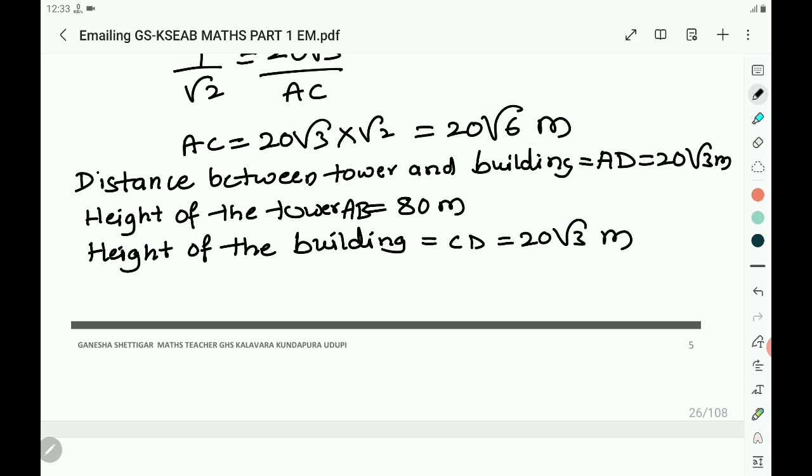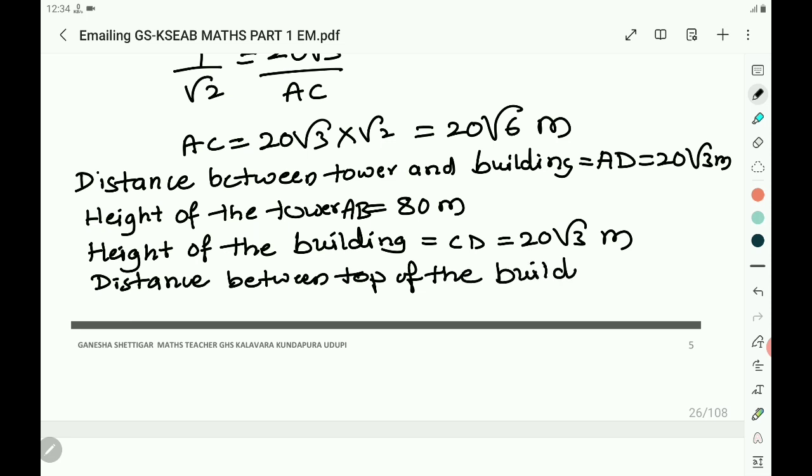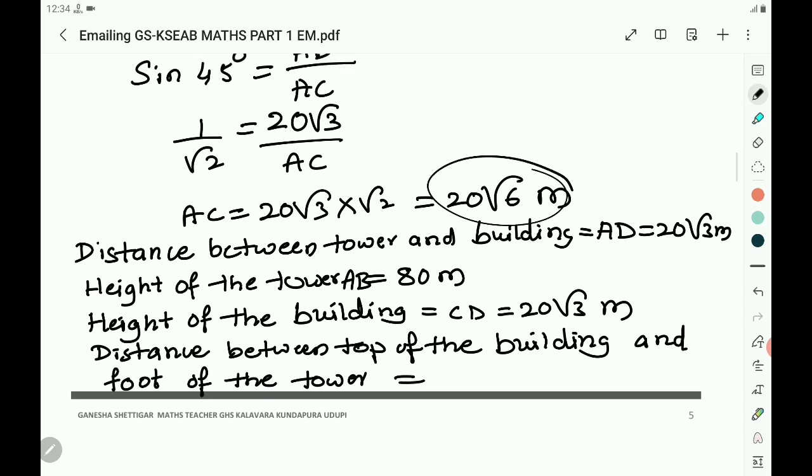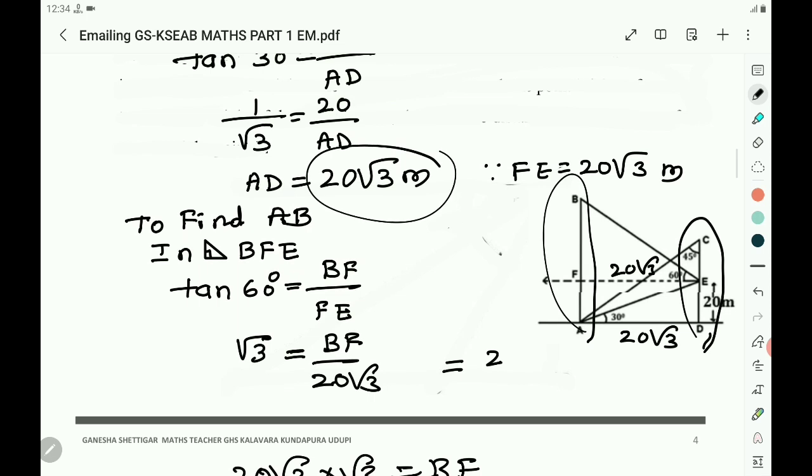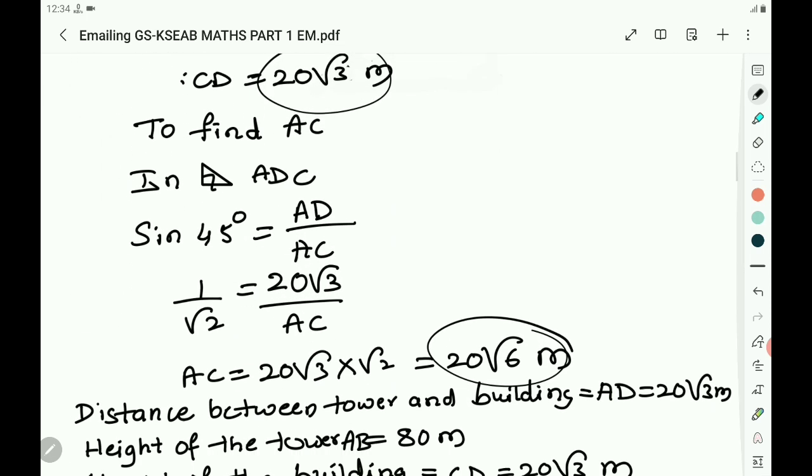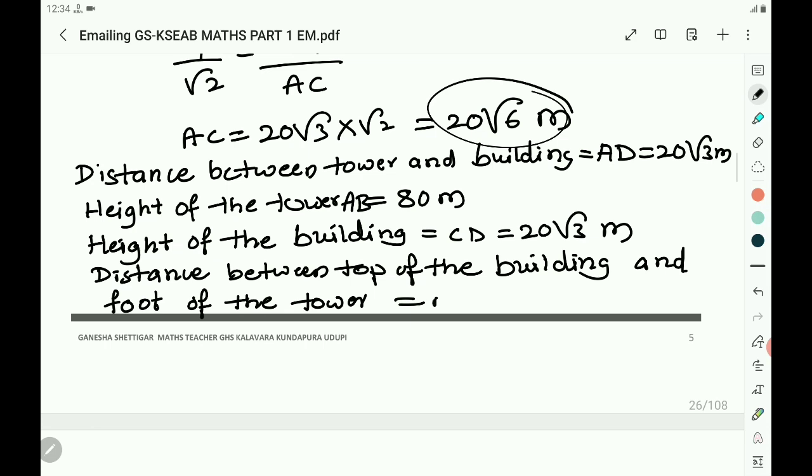Next, the distance between the top of the building and the foot of the tower. Foot of the tower, that is AC. This one AC. AC is equal to 20 root 6 meter.